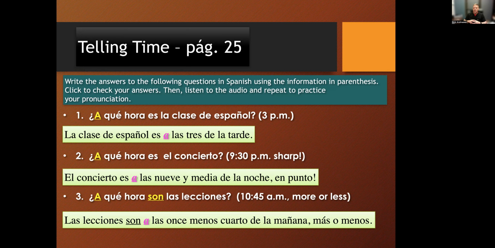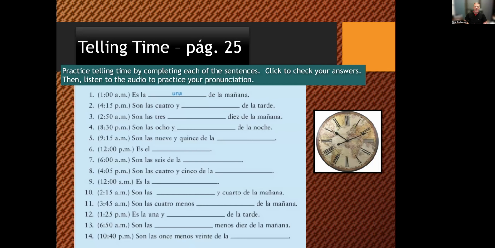Las lecciones son a las 11:15 de la mañana, más o menos. Okay, good job. You guys, assuming you're getting this right, of course, I have no feedback here. Can't see, we can't have an open session on this lesson, but you guys these are great concepts. Well done.